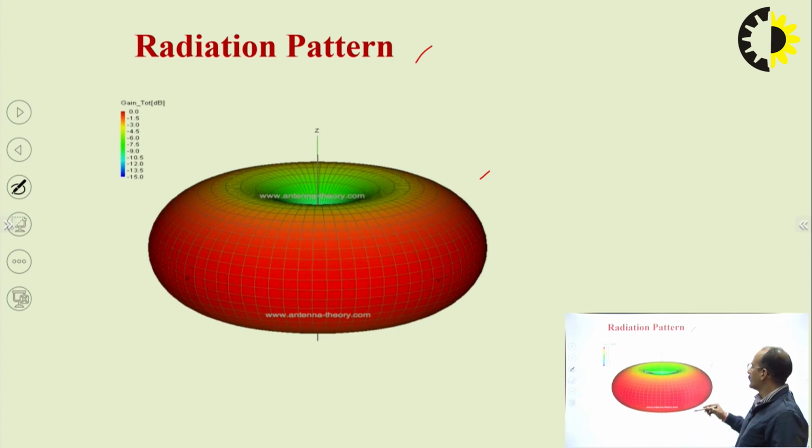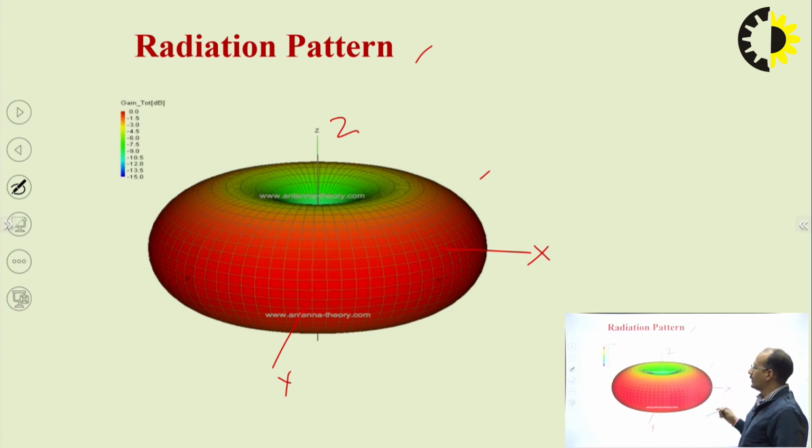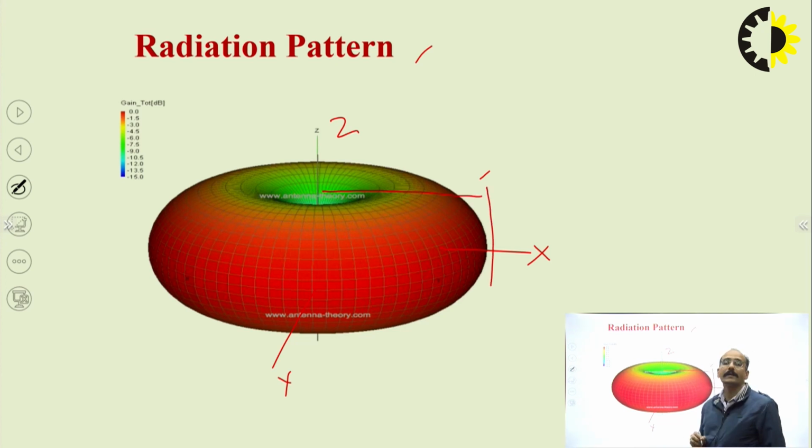Here you can see that this is the Z direction, this is X and this is Y. You are applying a dipole antenna along the Z axis, and you can see a donut type structure in which, along the XY plane, the radiation intensity is maximum, but as you go far from the antenna, the radiation intensity exists only for a given distance, and along the axis of the antenna, in the Z direction, there is no radiation.